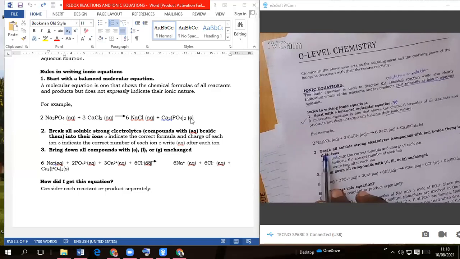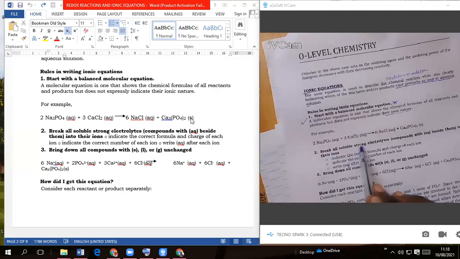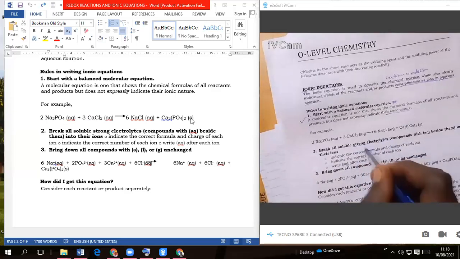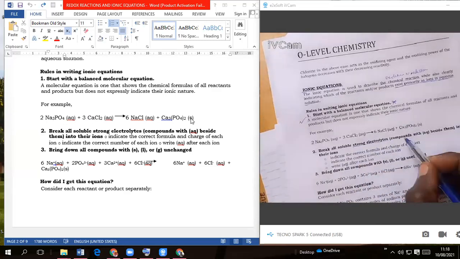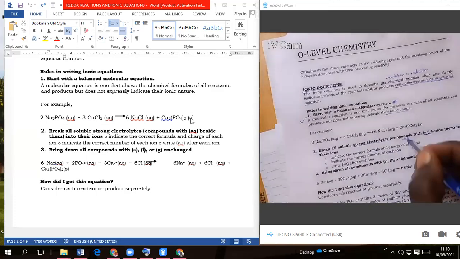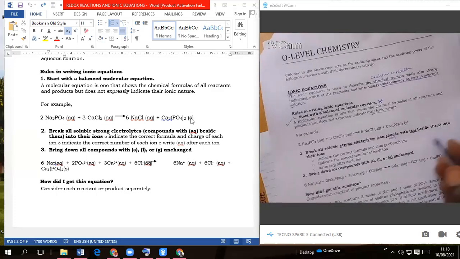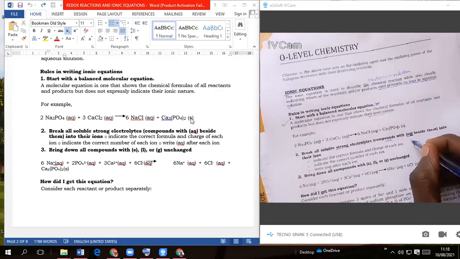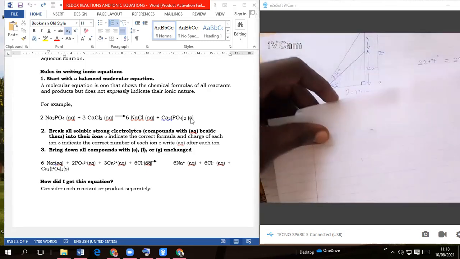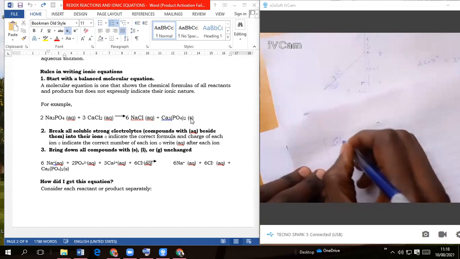Secondly, break all soluble electrolytes. Soluble electrolytes are the ones that are in aqueous state, compounds with aq, aqueous. Now, the simple rule when you are writing this: what is a solid?